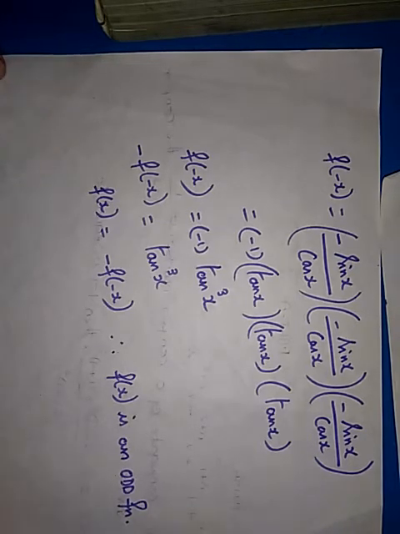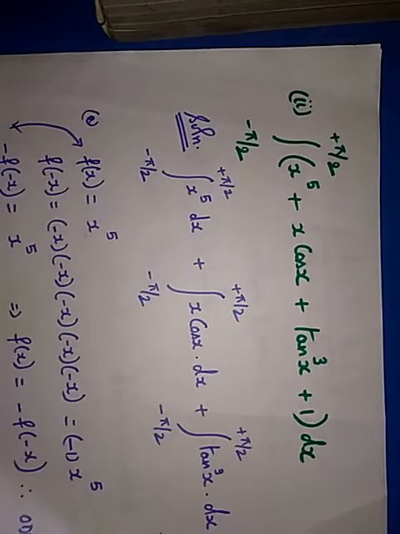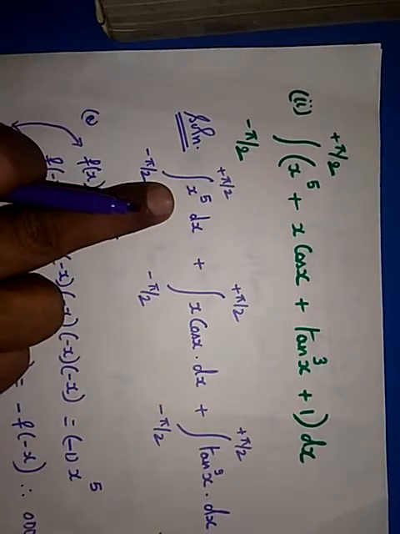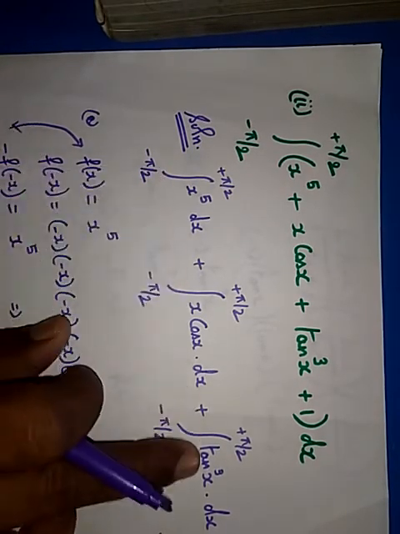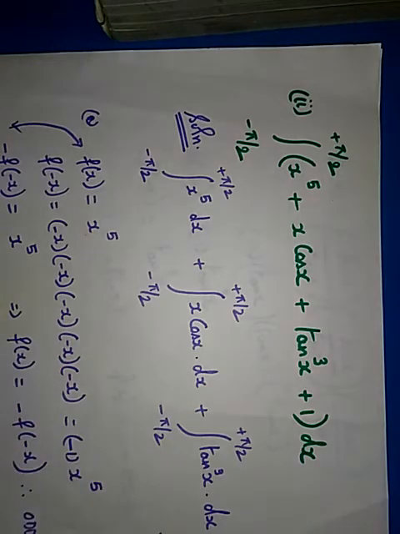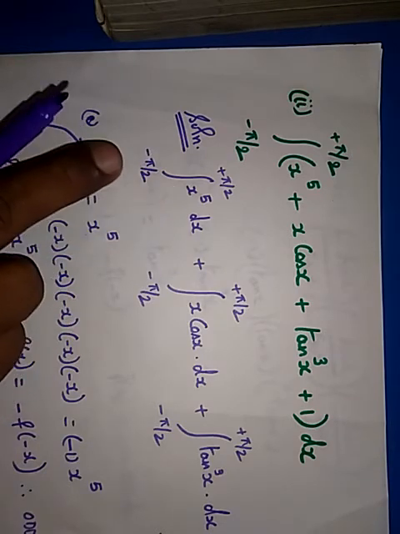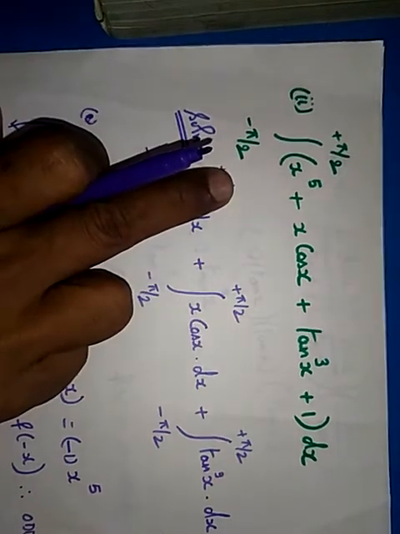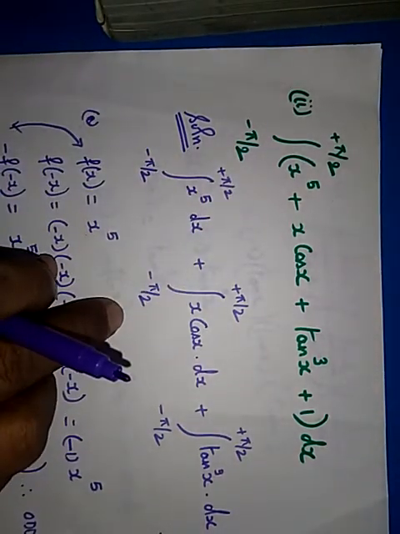Now if you closely watch, these three terms are 0 because we know the property. What is the property? If it is an odd function, integrated from minus a to plus a, then the value of that integral is 0.